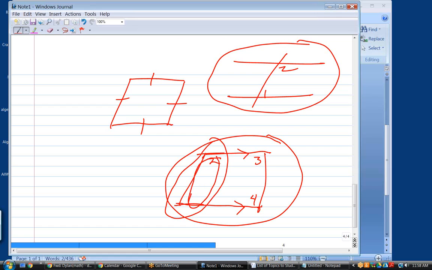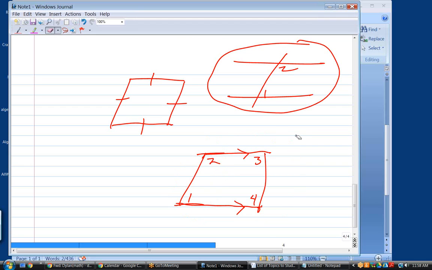Now, do 1 and 4 have any relationship? 1 and 4, no, they don't. It'd be tempting to say they're supplementary, but look at how I can draw this thing. I can draw it like that. Well, now they're not supplementary. In fact, I've changed the relationship between 1 and 4 just by changing one side of the trapezoid.